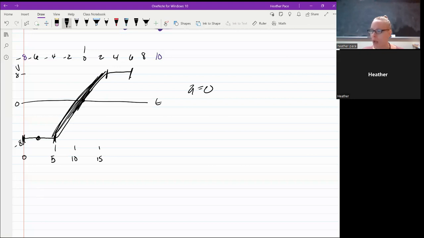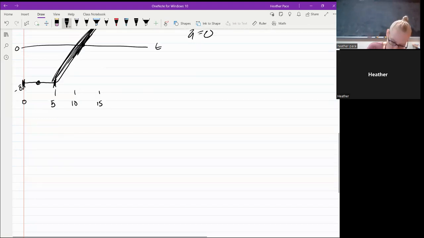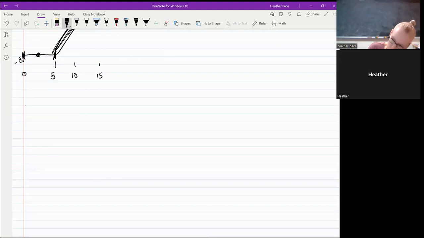So now we're doing 20. Let's find 20. So again, we have a graph, and this is acceleration and time.